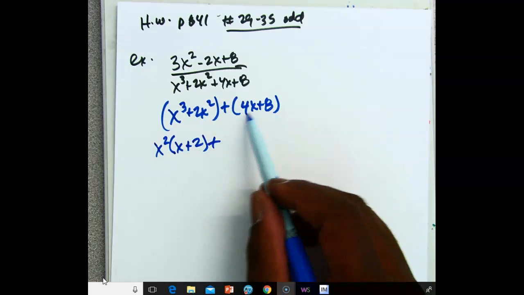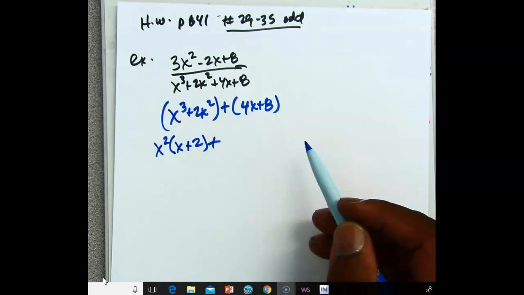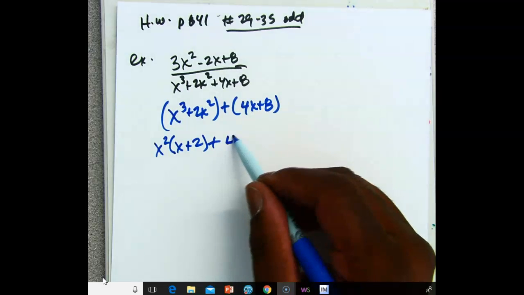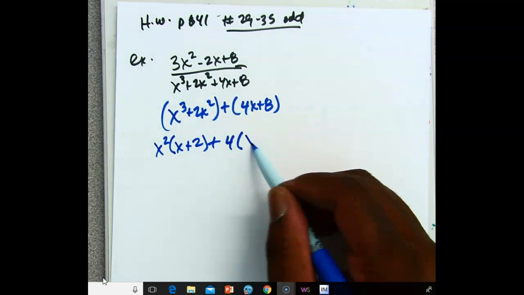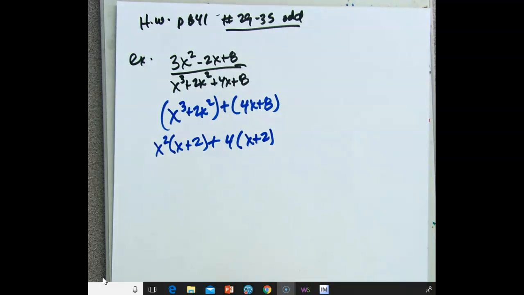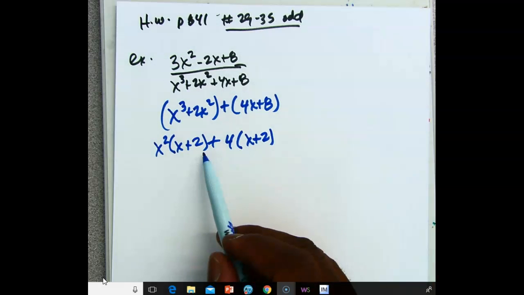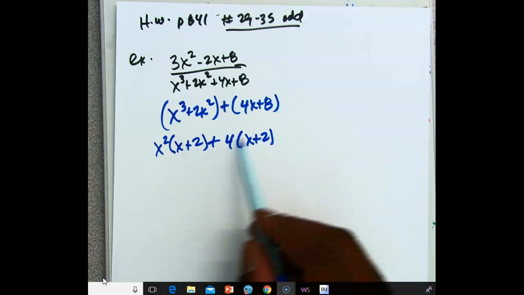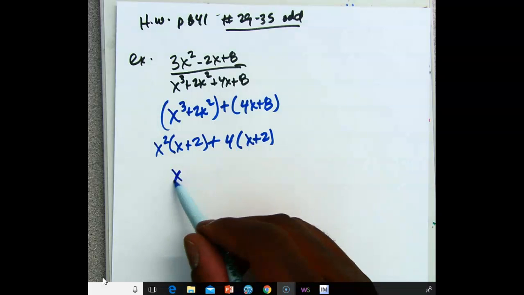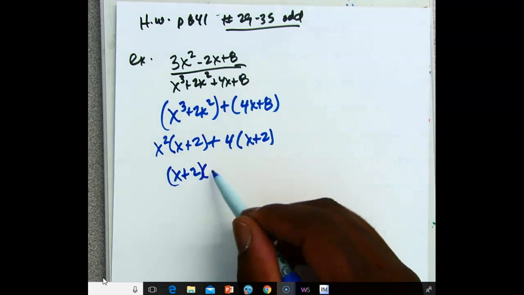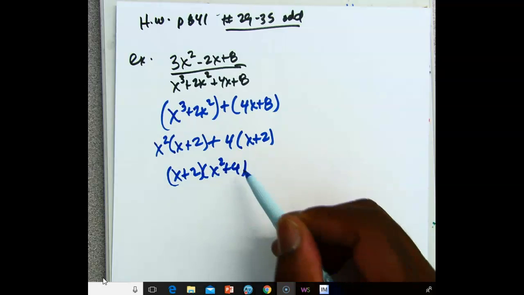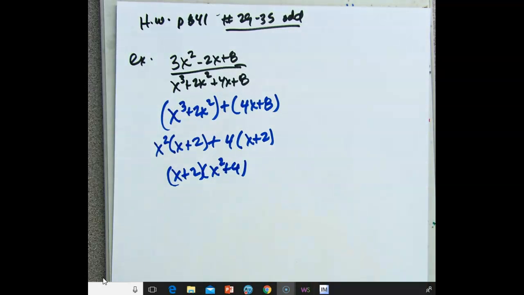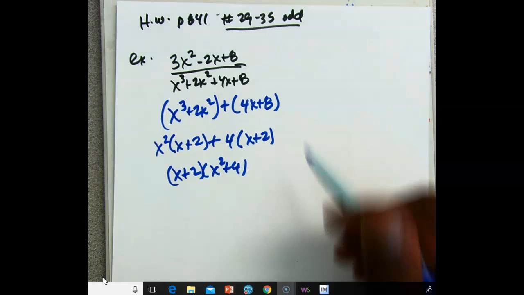Plus, what's the greatest common factor in the second set? 4. We pull out a 4, we're left with x plus 2. Now we're going to use our distributive property. So we can pull out an x plus 2, and we are left with an x squared plus 4. So we are able to factor that. X cubed plus 2x squared plus 4x plus 8 factors into x plus 2 times x squared plus 4.